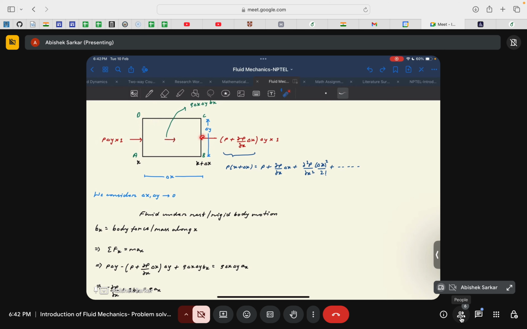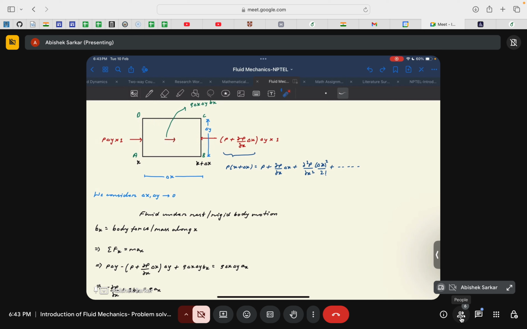Similarly, on the face BC, we know that pressure force always acts inwards, normal to the surface. In that case you will have the pressure as P plus dou P by dou x.